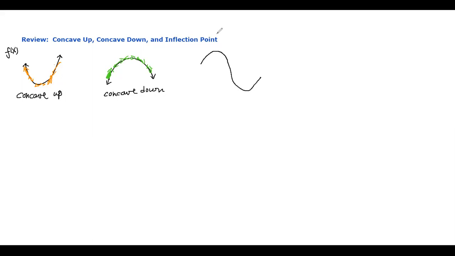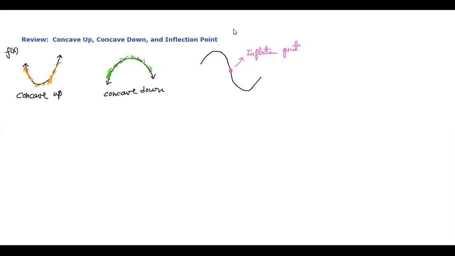If you have a function that goes like this, then this is the point where the concavity changes. That's the term we call an inflection point. I think everybody should be quite familiar with it. Okay, this is by looking at f of x.